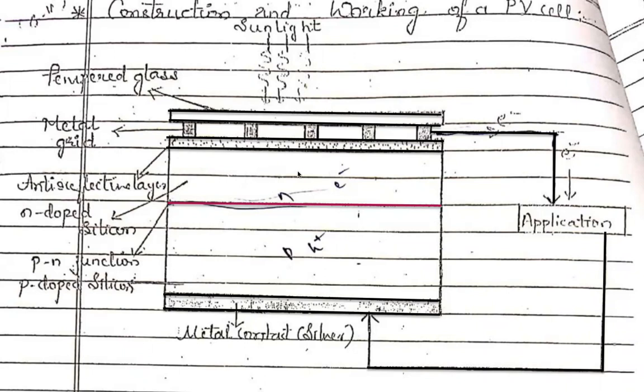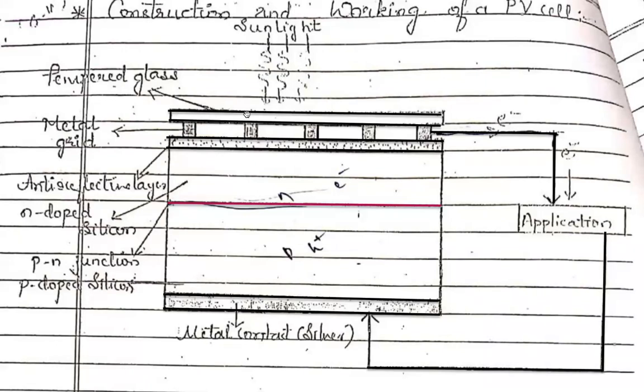So N-type silicon is on the top, and below it we have boron doped P-type silicon. When these two are sandwiched with each other, there develops a junction called the PN junction. This is the depletion layer, I can say. This PN junction is going to act as a barrier between the N-type and the P-type.